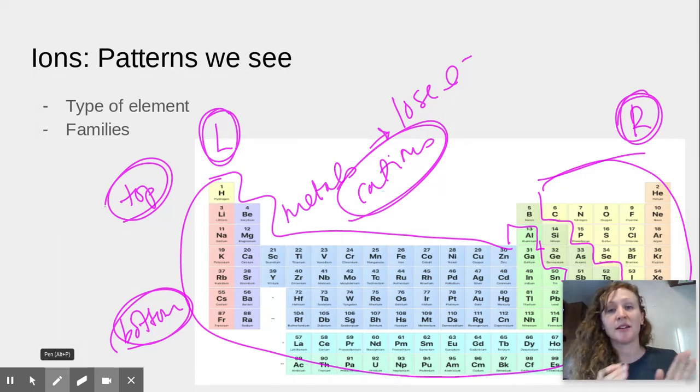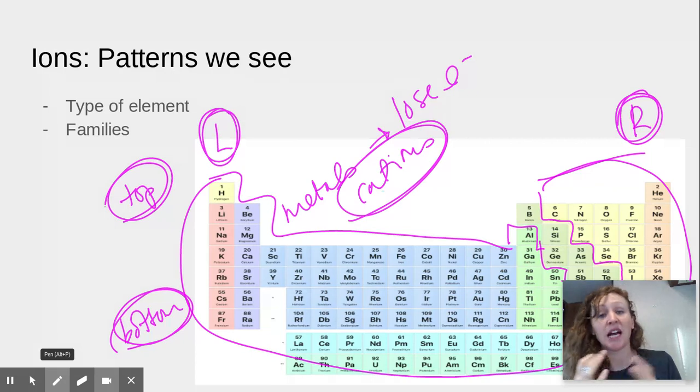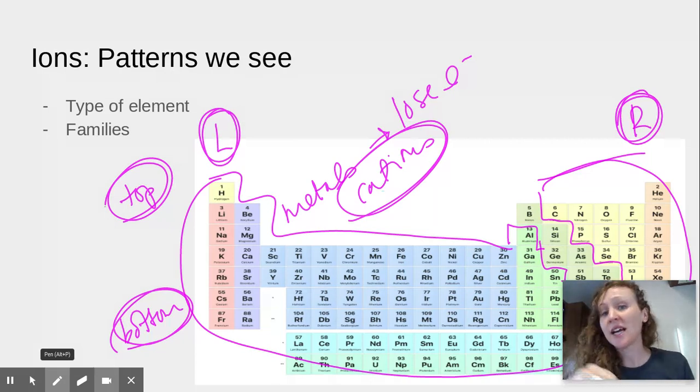Nonmetals, on the other hand, tend to be on the right top part of the periodic table. They're going to tend to have really high ionization energies and very high electronegativities. It takes a lot of energy to remove an electron from them. They have high electronegativities. They have a high tendency to attract electrons to themselves.